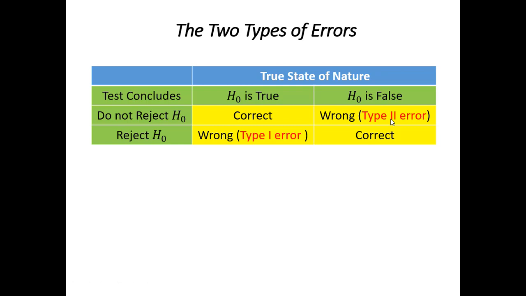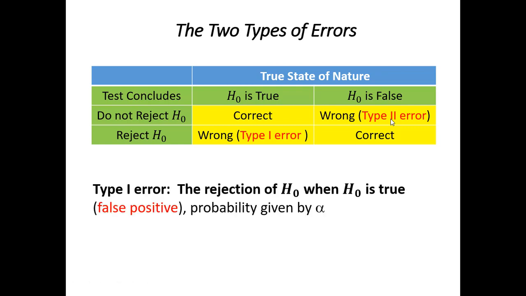So there are various ways of thinking about this. Again, the type 1 error is the rejection of the null hypothesis when it's true. This is sometimes called a false positive in medical testing.